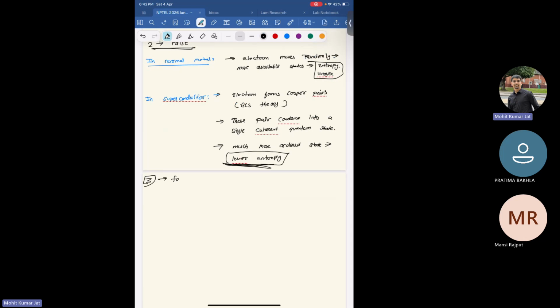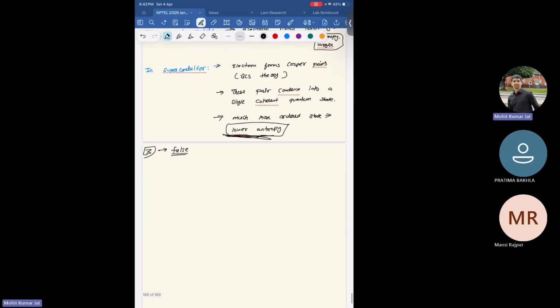Option three is false, but the reason is, if you look into the class notes and see the isotope effect of superconductors, you realize that your critical temperature T is inversely proportional to the square root of m, not inversely proportional to m.